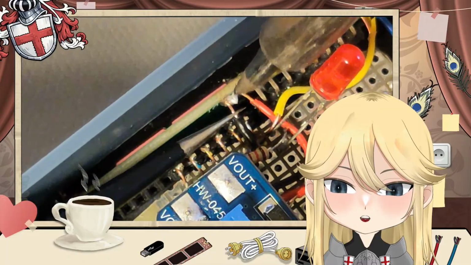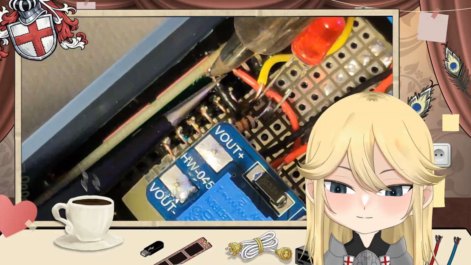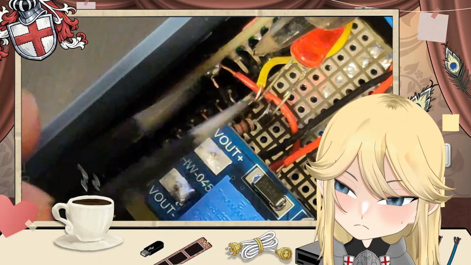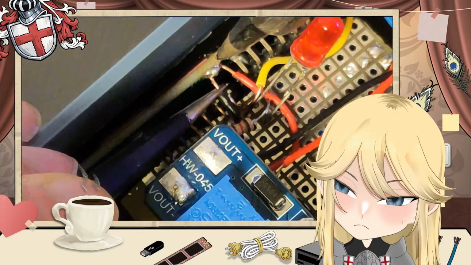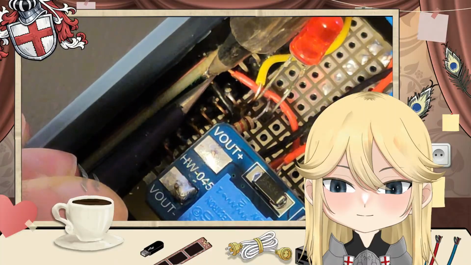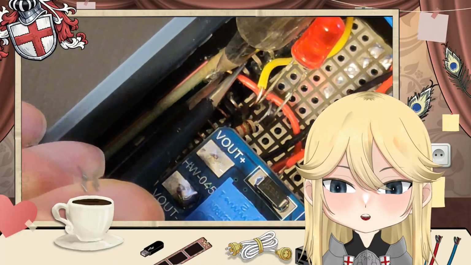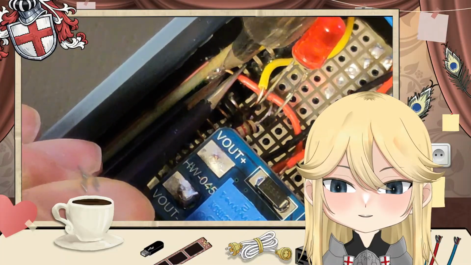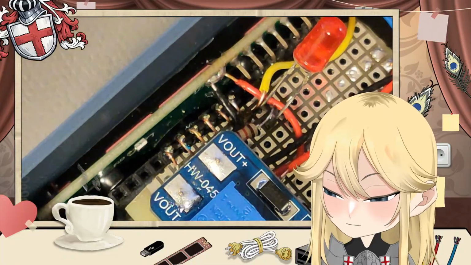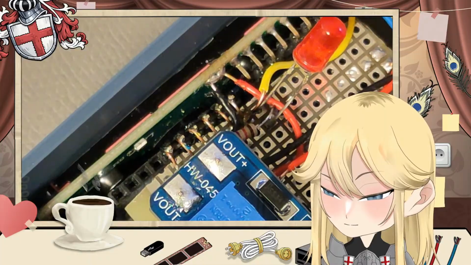I need to find the hole. Oh boy. Okay. Now I have successfully connected the ground with the 5 volts, which is very bad.